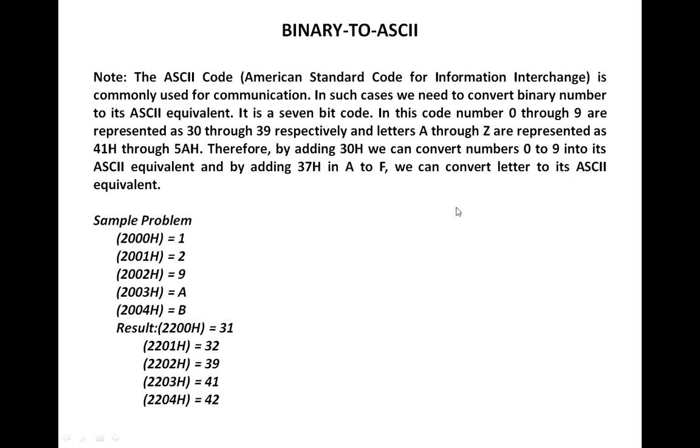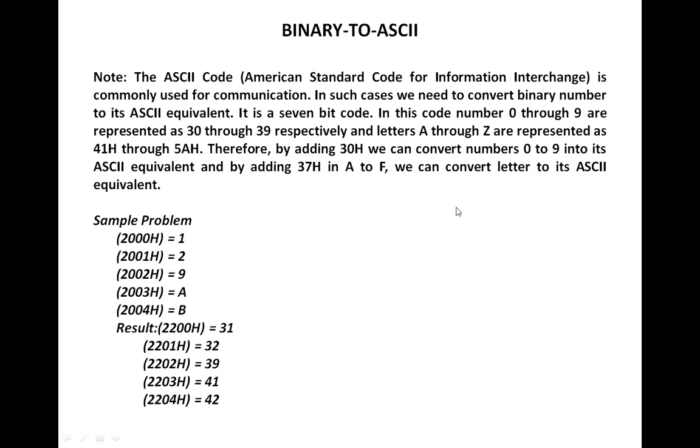And the English alphabets from A to Z are represented by 41 hexadecimal to 5A. For example, A is represented by 41 hexadecimal number, B is represented by 42, C is represented by 43, and similarly Z is represented by 5A.